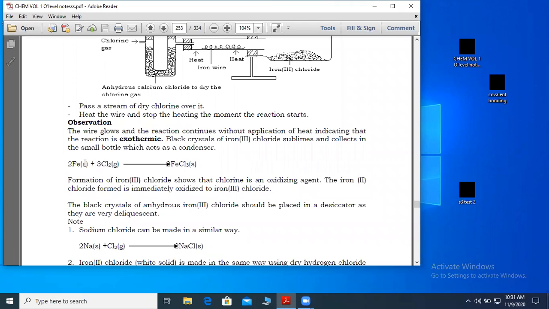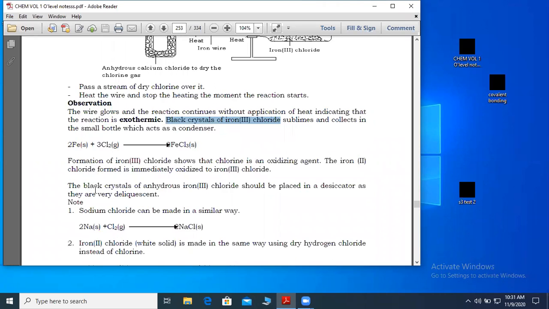Chlorine, when it reacts with iron, the product is iron 3 chloride, and it is formed as black crystals. When we ask for the observation, you say the iron wire grows red hot and forms black crystals, and the black crystals are of iron 3 chloride.